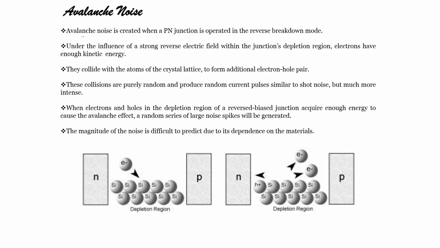Avalanche noise is created when a PN junction is operated in the reverse breakdown mode.